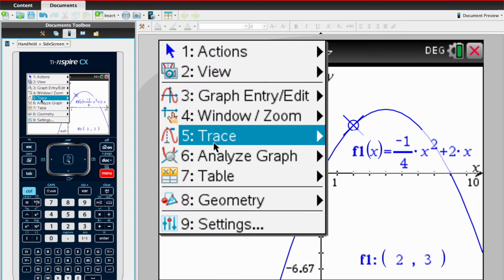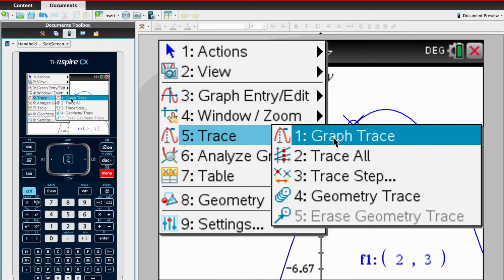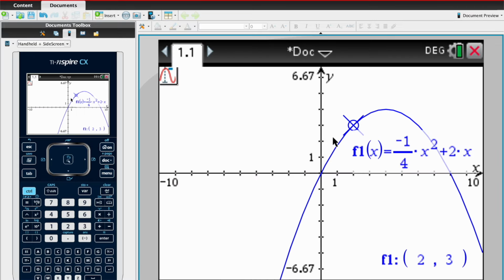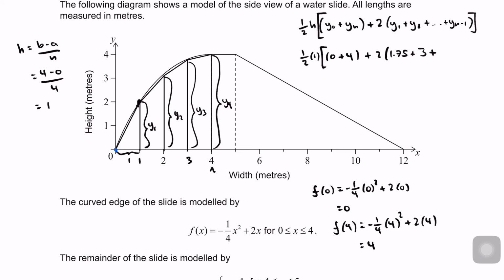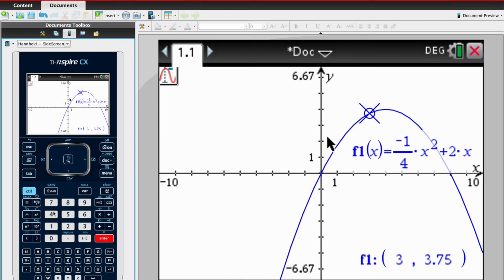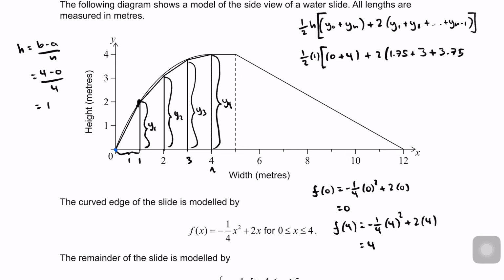Actually, I don't think we need to do that every time. x is equal to 3 here. Alright, and that's 3.75. And then after that is 4, which we already calculated. I just want to see if we can type in 4. Yeah, we can. So we actually don't need to do graph trace. And that would bring us back to yn, which we already found.